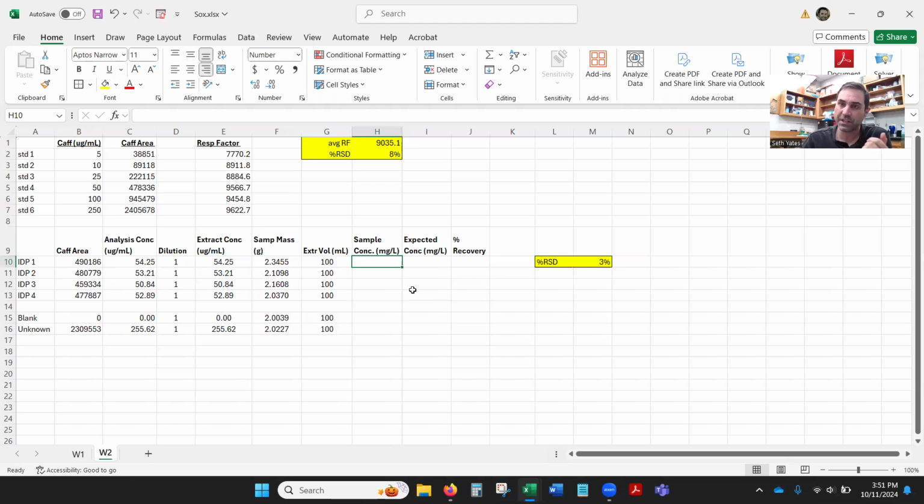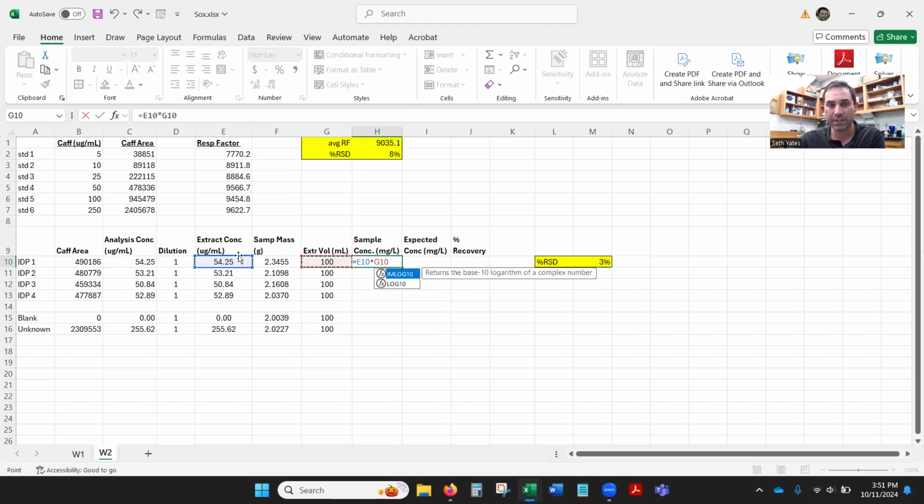So the sample concentration is as simple as what we said. You take this extraction, you multiply it by the milliliters. Notice it's micrograms per milliliter times milliliters, so the milliliters cancel. And then divided by the grams of the sample. So I cancel the milliliters of extract from the bottom and replace it with the grams of the sample.